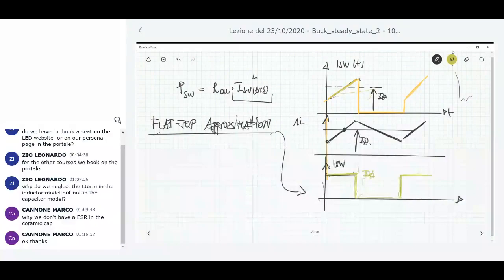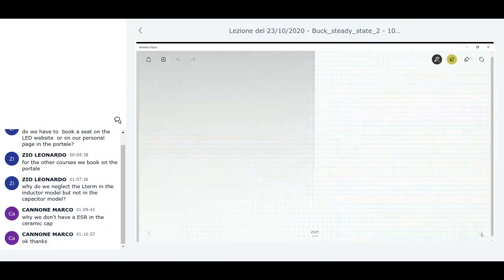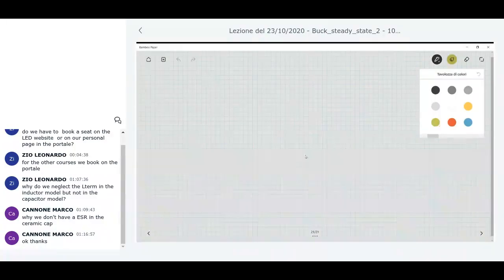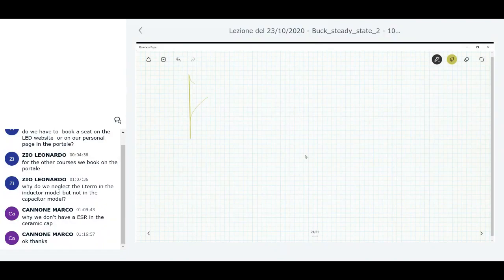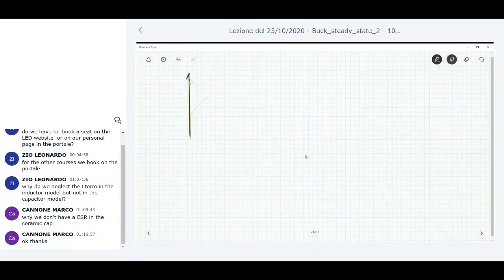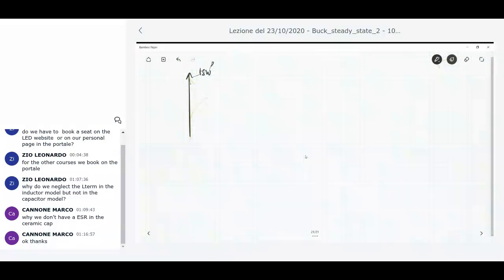I just have to square this value. Okay, let me square it. There is something not working with the screen. Okay, now it's better. I switch square value.